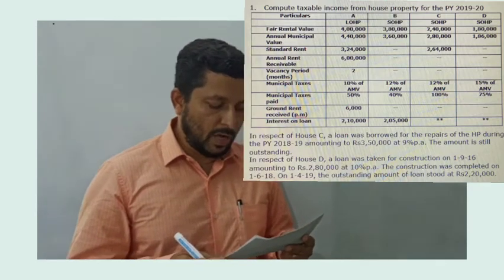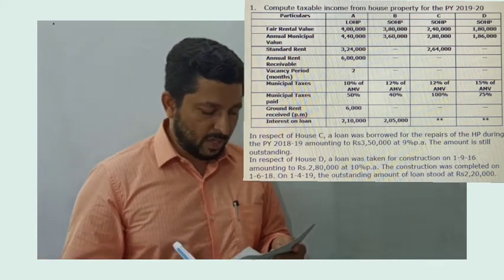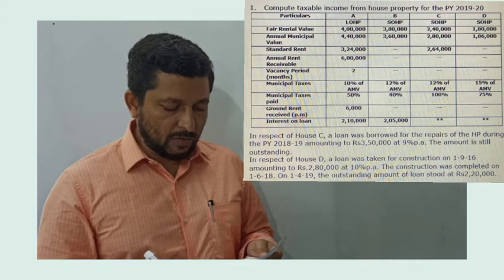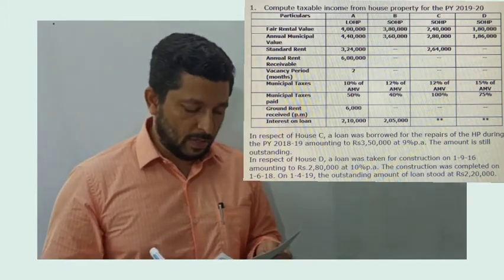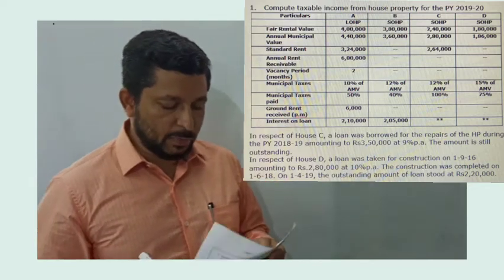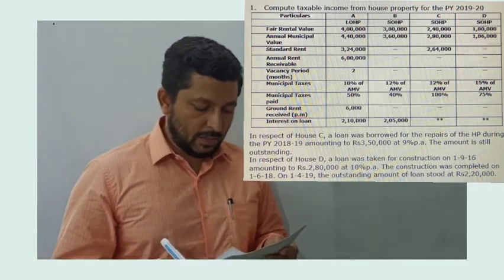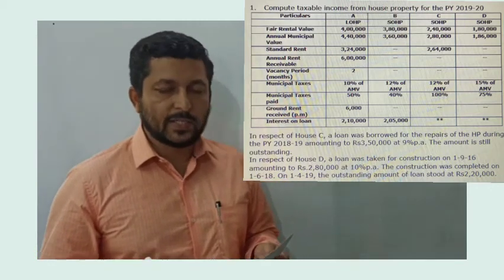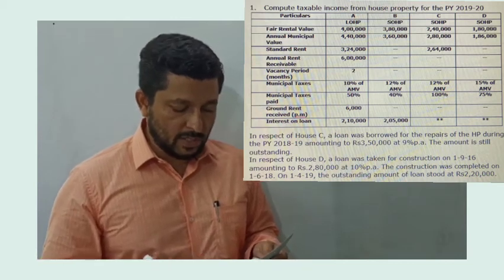Interest on loan for House A is 2 lakh 10,000, for House B is 2 lakh 5,000. In respect of House C, a loan was borrowed for the repairs of the house property during the previous year 18-19, amounting to rupees 3 lakh 50,000 at 9% per annum.